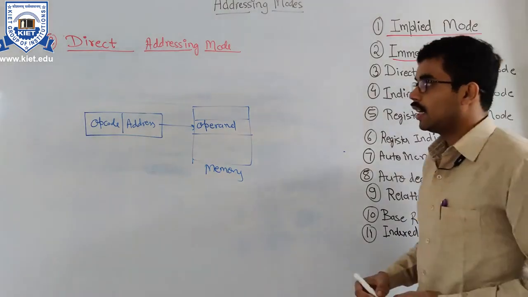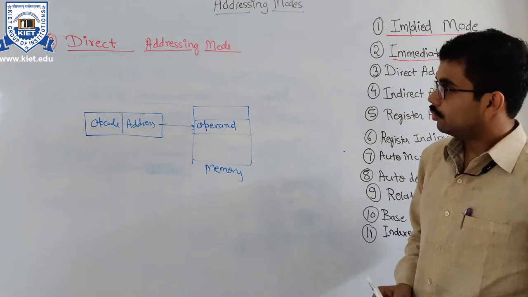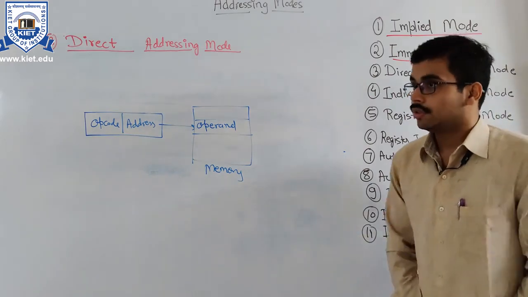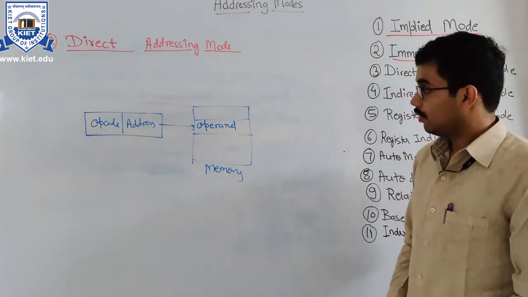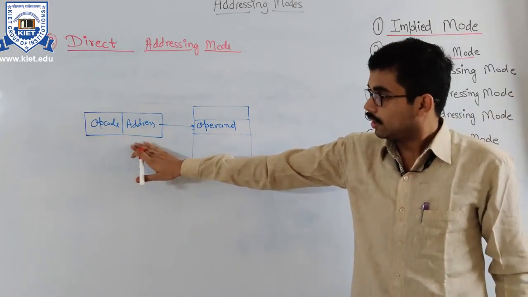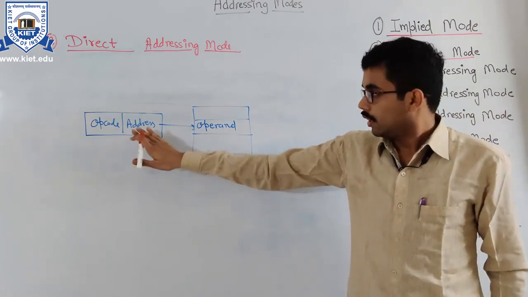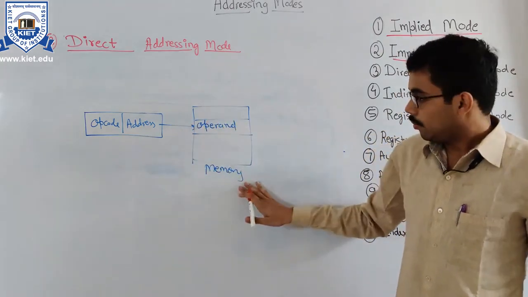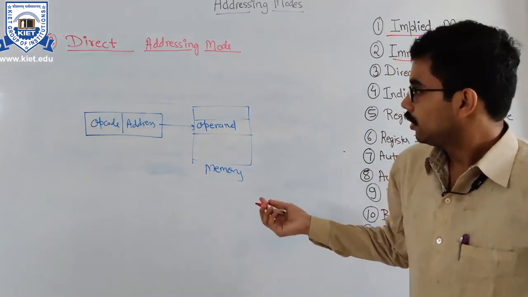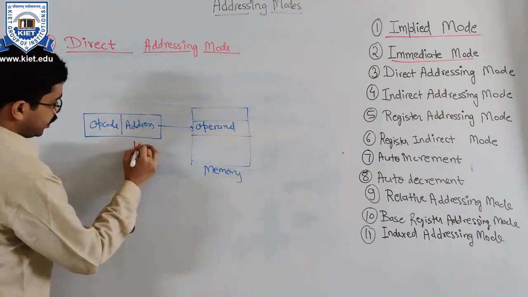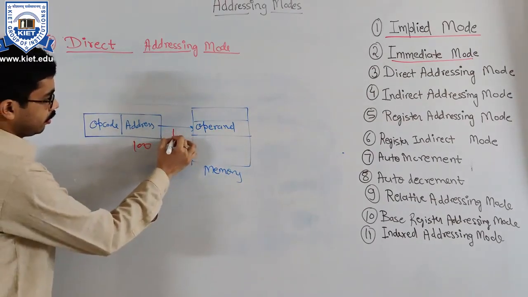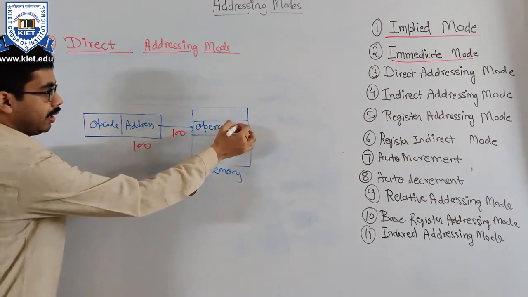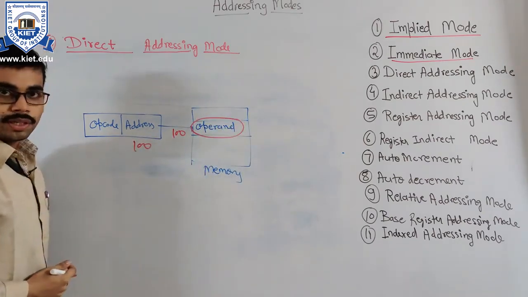The next mode is direct addressing mode. It is the most used technique among addressing modes. In the instruction there are two fields, opcode and address field. The address field will contain the address of the operand in memory. Let's suppose the address is given as 100. It will point to location 100 in memory, and the data there will be the operand.